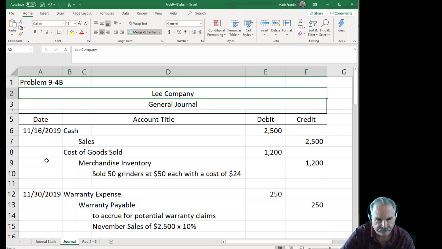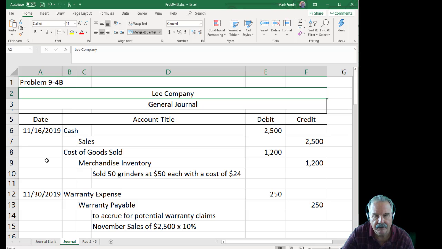Then at the end of the month, we want to make a warranty accrual for all of those sales. So we're going to take the $2,500. That's what they told us is we would be accruing based on a 10% of the sales value. That's pretty doggone high, but that's the facts they gave us.